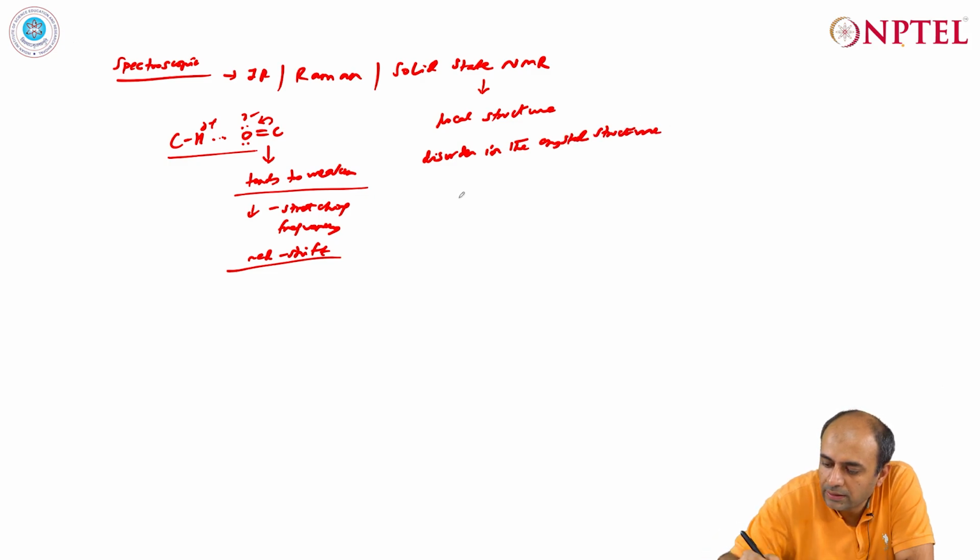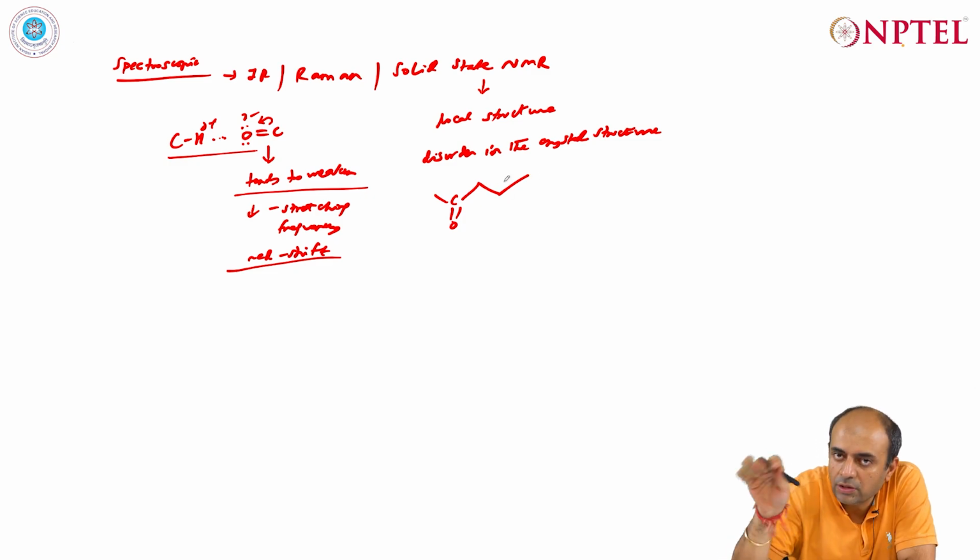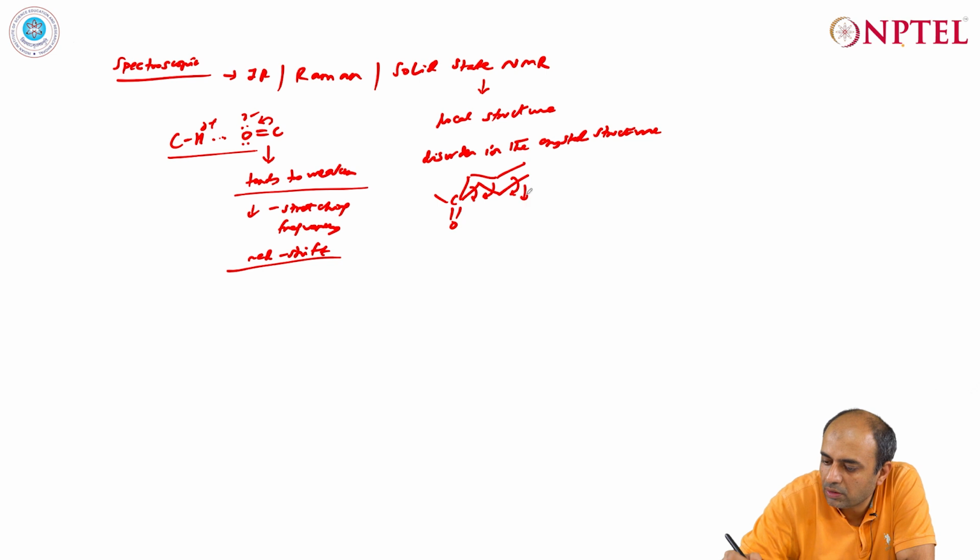So if you have, for example, a side chain which is present, an n propyl side chain, the n propyl side chain is continuously rotating in the crystal. Because it is continuously rotating in the crystal, it tends to sample independent conformations. So you have something called a side chain disorder.